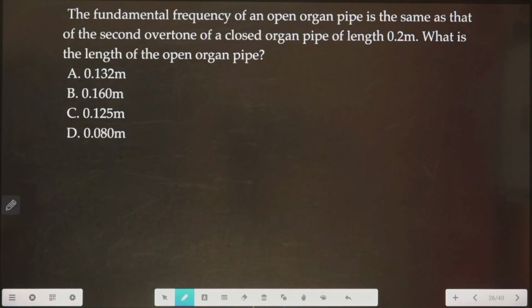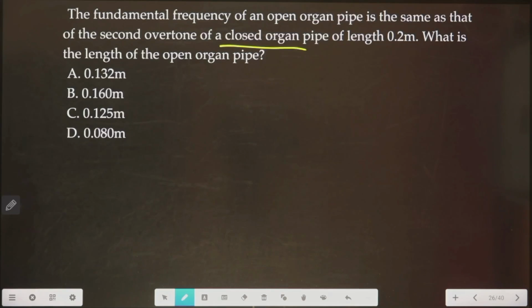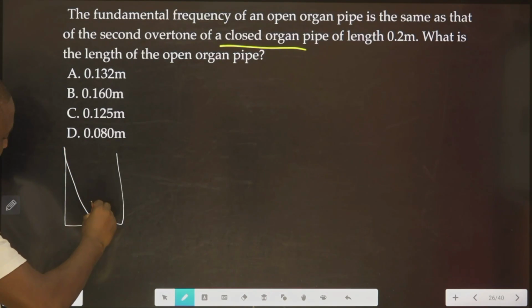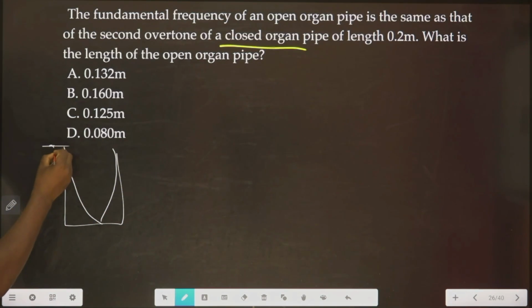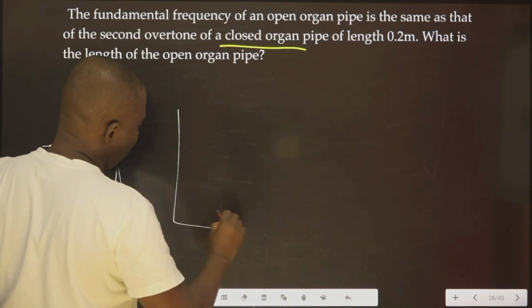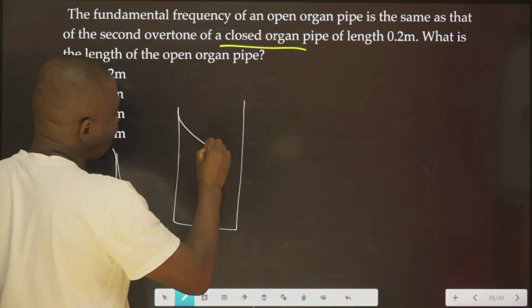The fundamental tone you will ever get in a closed organ, when we talk about closed organ, is always like this. Say this is closed. Okay, this is rough. This is the length we are talking about. We talk about first overtone. If you are told first overtone, you do this diagram like this.